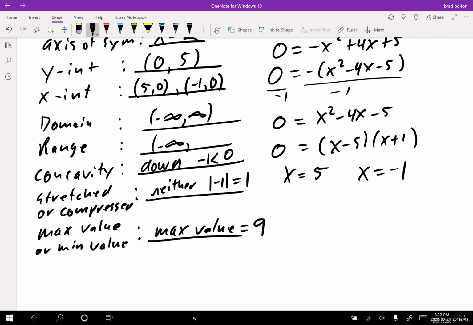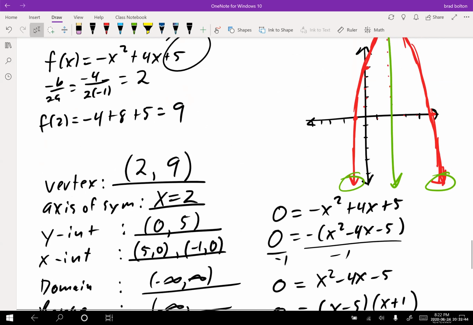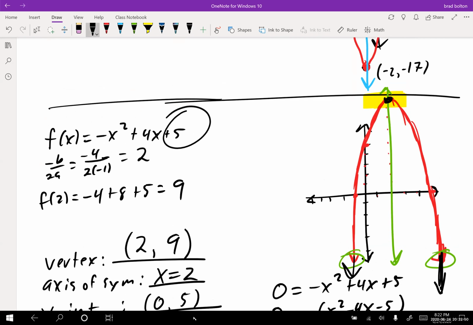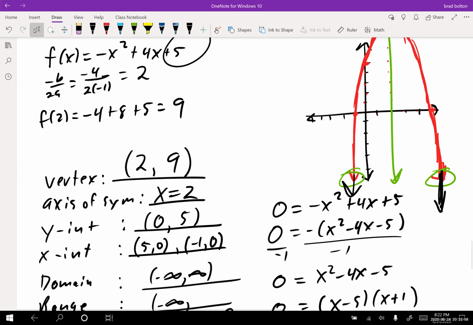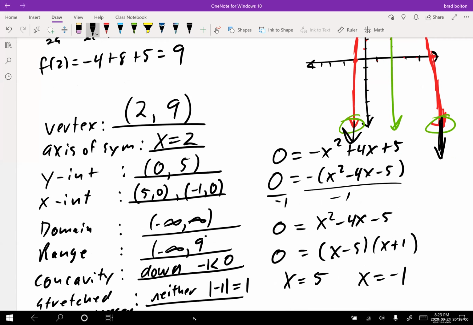Well, we know that this guy is going to be all the way down here, right? It's coming from negative infinity down here, and it's going to rise all the way up to here, the vertex, which in this problem is (2, 9), right? That's the vertex right there. So the highest value it'll ever make it to is 9, and it will actually touch 9, so I'm going to use a bracket.